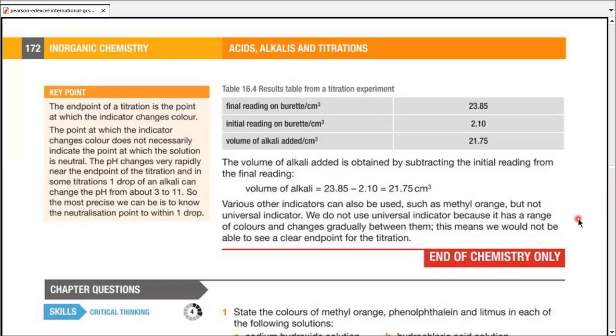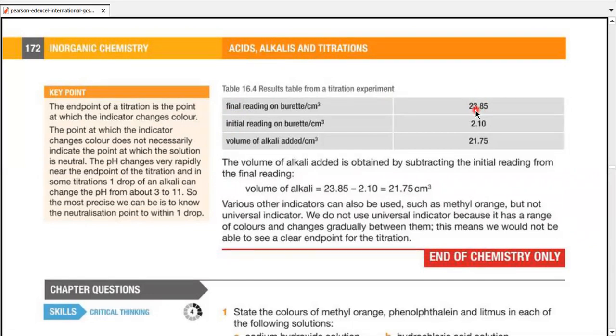And at the same time, keep looking at the burette. So even if you use one extra drop for your confirmation, you have at least noted the final reading. Let's say the reading is 23.85. You have a permanent color, but you're still in doubt. Only use one extra drop, note this reading.